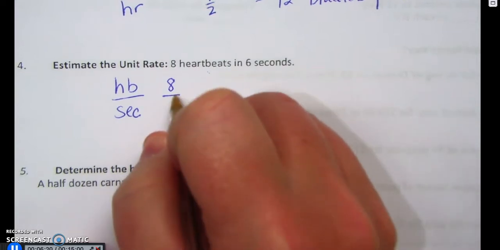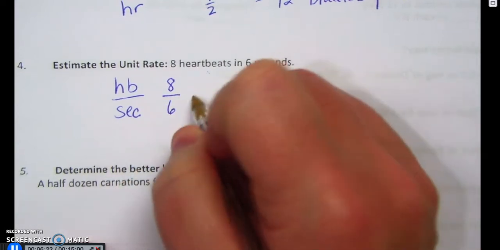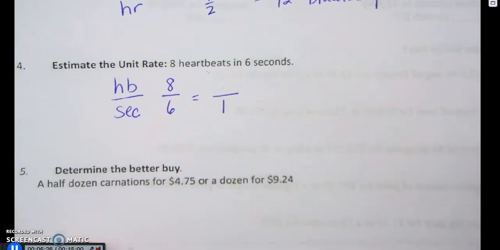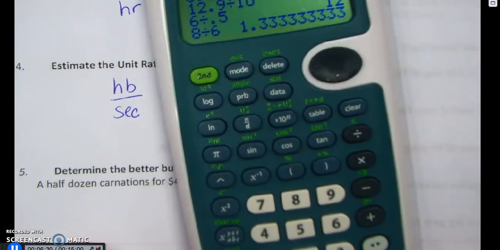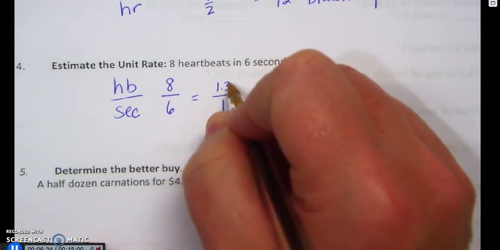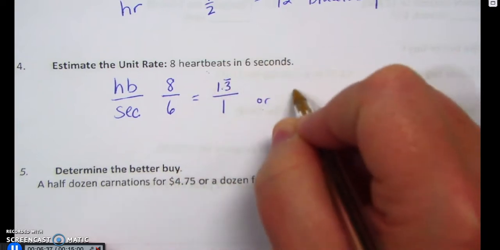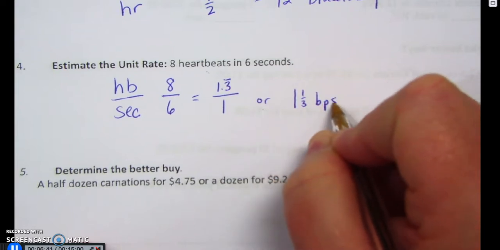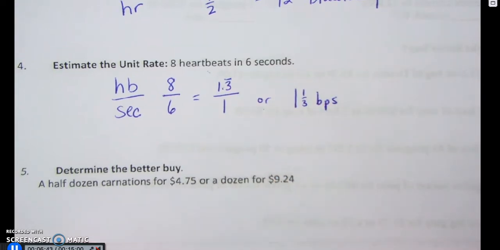So 8 heartbeats in 6 seconds gives me how many beats in 1 second? Well, 8 divided by 6, you're getting a decimal, 1.33333. So 1.3 repeating, or 1 1/3 beats per second would be your abbreviation there.